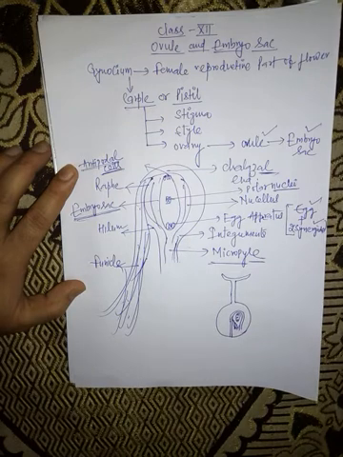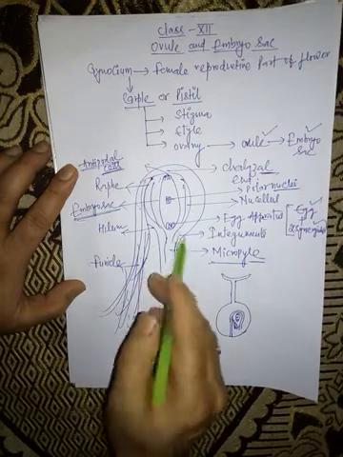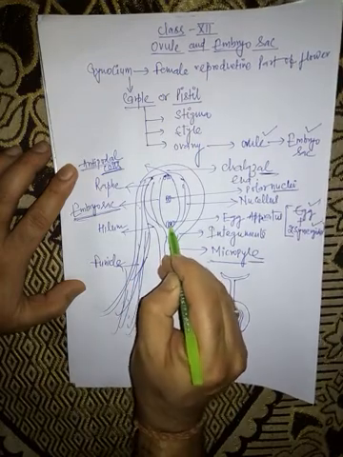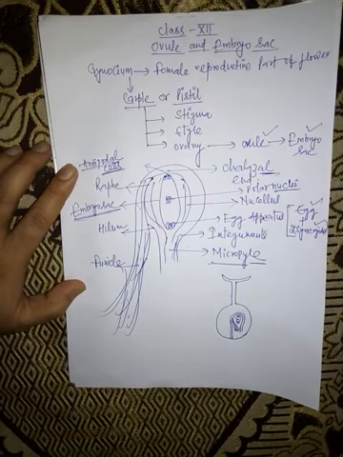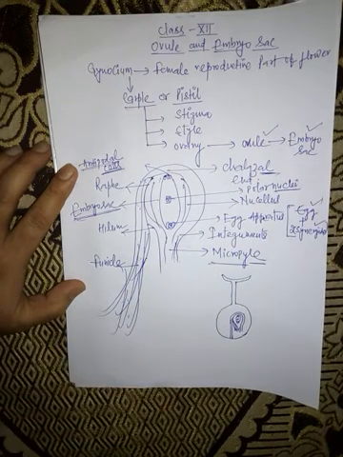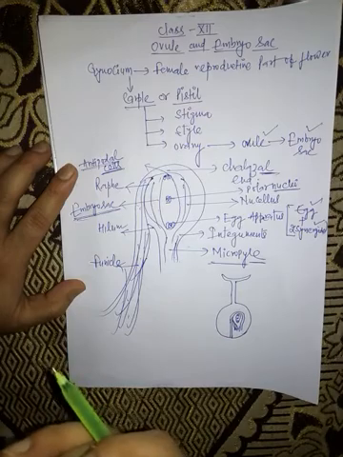Embryo sac contains the egg. This egg is fertilized by the male gamete and forms zygote. Zygote forms embryo, right?